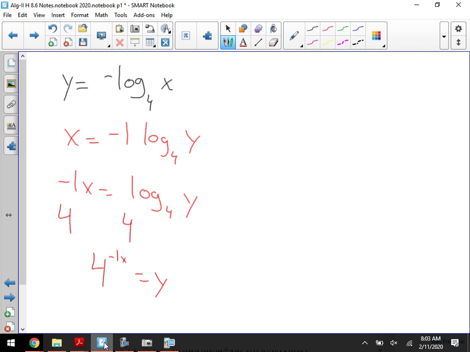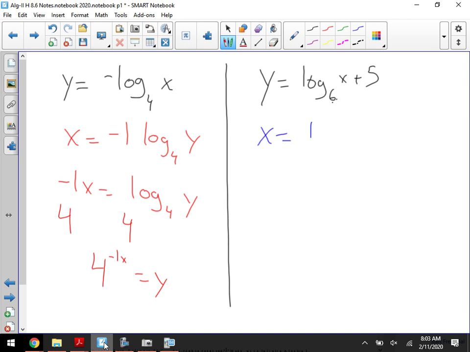12 is the same thing, where you flip-flop your x and y first, and you resolve. So you had y was the log base 6 of x plus 5. So flip-flop x and y, and you're going to get x is the log base 6 of y plus 5.